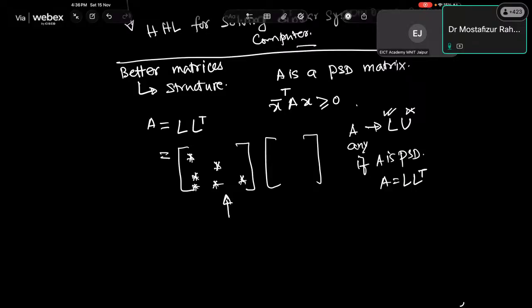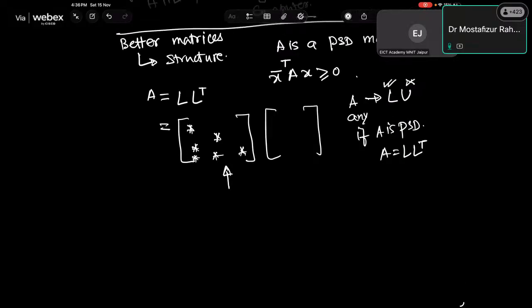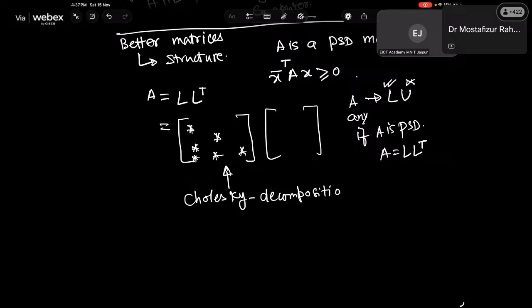So this is a very structured decomposition of A if A is a PSD matrix, and this particular decomposition is known as Cholesky decomposition. By doing Cholesky decomposition, we can save a lot of memory for solving certain problems. Towards the end, I'll give a summary of the solution.